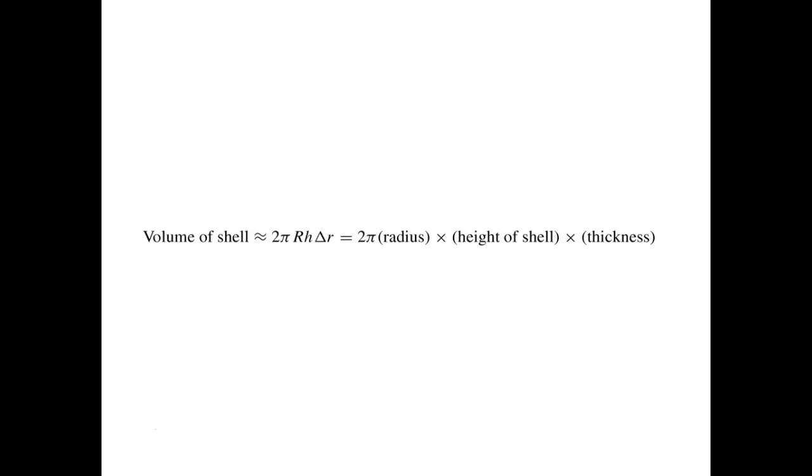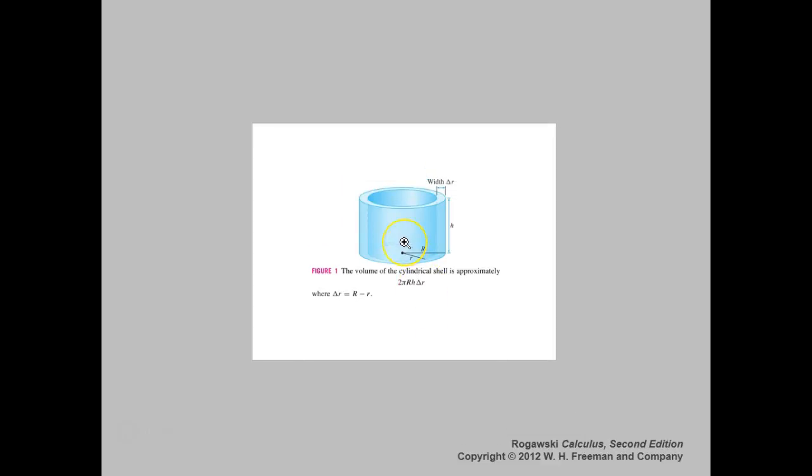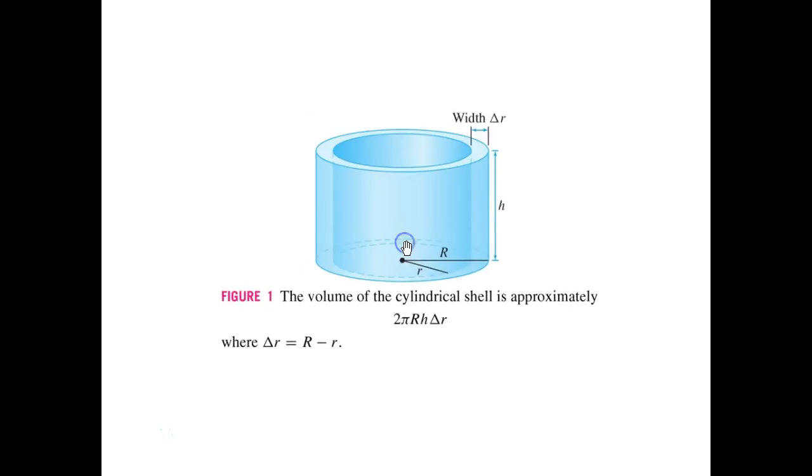That's the bigger radius. H is the height of the shell, and dr or dx or dy, that's the thickness of the shell. There's the verbiage. They did start with this. I don't know why it skipped over it. I thought, why didn't they show the picture first, and they did show it first. It just skipped it.